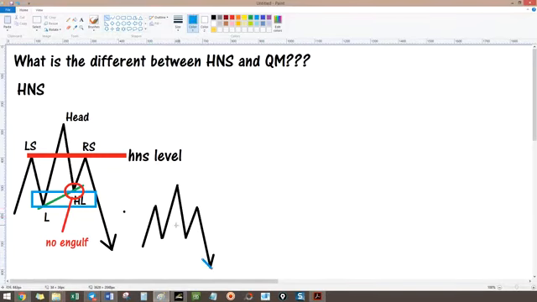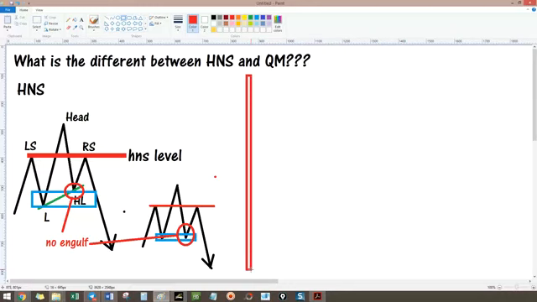Okay, so you have demand here, but also no engulf. Over here, no engulf also. So your entry will be at the HNS level, right? So this is head and shoulder.